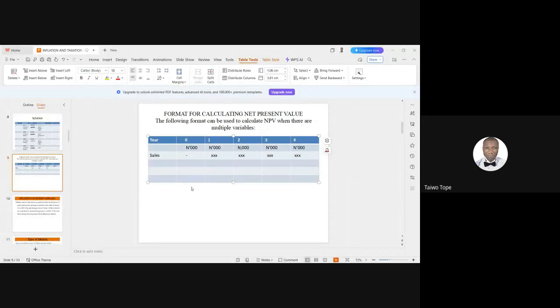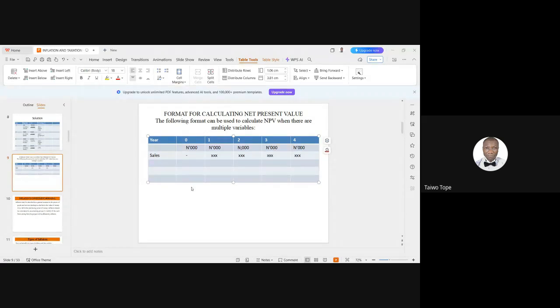So in making investment decisions, there are certain items that you should carefully consider when trying to ascertain relevant cash flow. Number 1 is variable cost. Variable costs are always relevant because they are related to the decision that is to be taken in future. The more products you want to produce, the more variable costs you incur. The less products you want to produce, the less variable costs you incur.